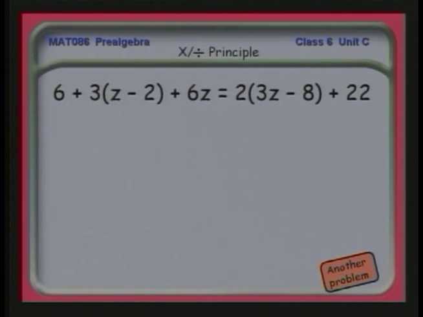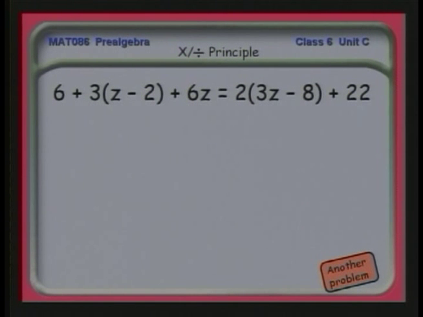If we look back at the slide now, you see what I have is something that looks incredibly complicated on the face of it, but if I attack it a little at a time, it will resolve itself into something quite doable. So in this case, I have 6 plus the quantity 3 times the quantity z minus 2 plus 6z is equal to twice the quantity 3z minus 8 plus 22.